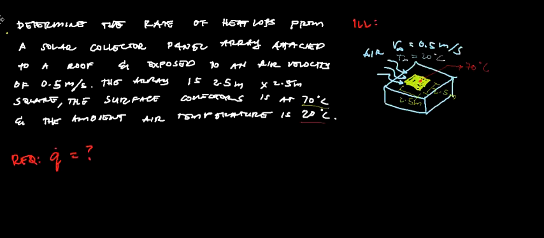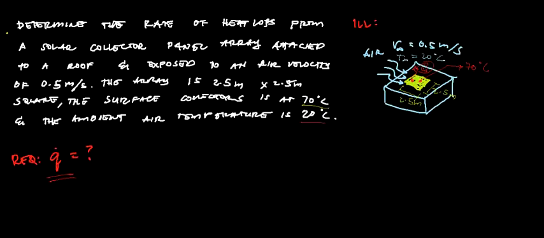Let us determine the rate of heat loss from the solar collector. If the air is flowing through this 2.5 by 2.5 solar panel array at 70 degrees Celsius, then from the higher temperature surface you can have a heat loss Q.